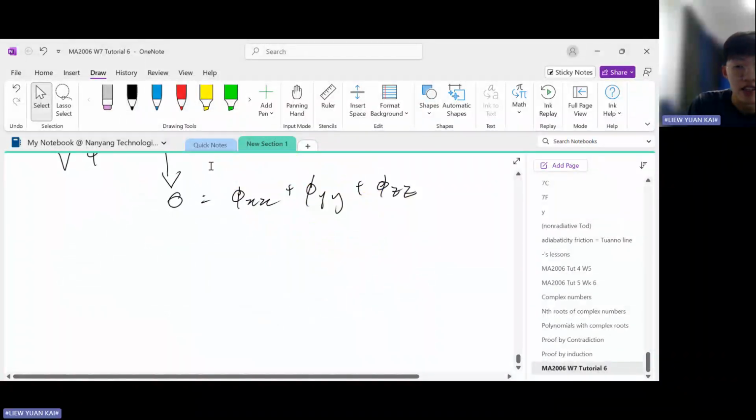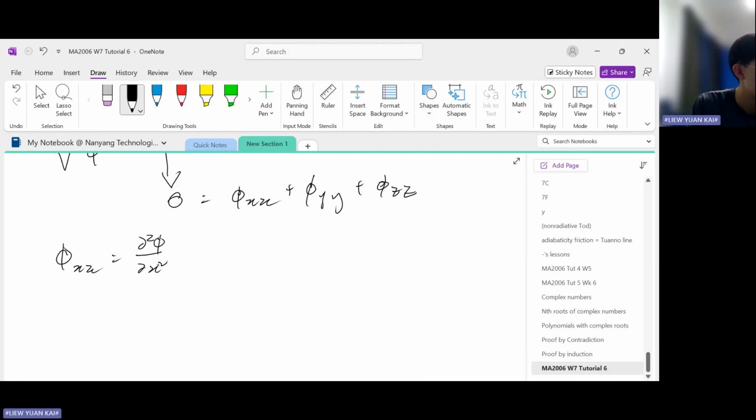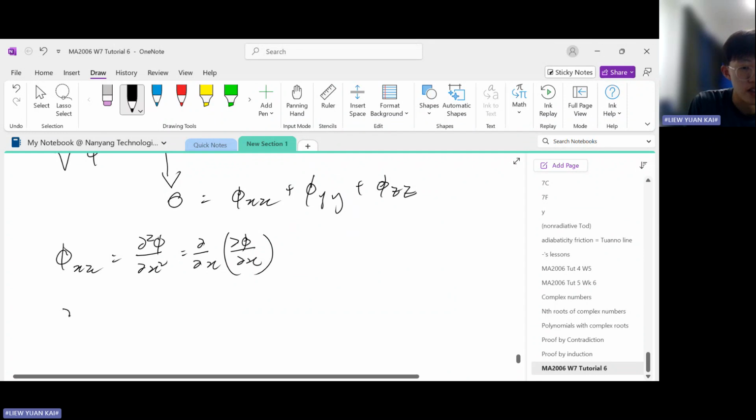So we need to find each of these terms first. Remember, this actually means d squared phi dx squared. So they told us phi. I need to differentiate that, so what is d phi dx?